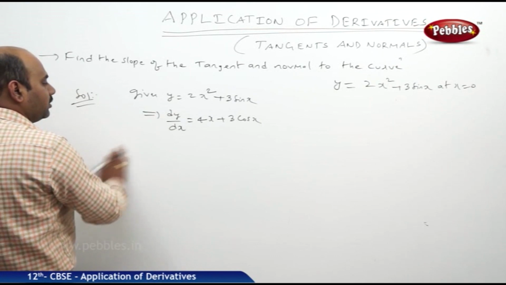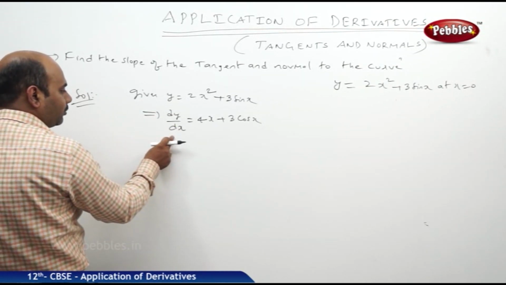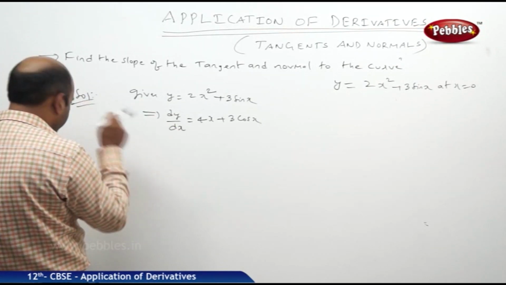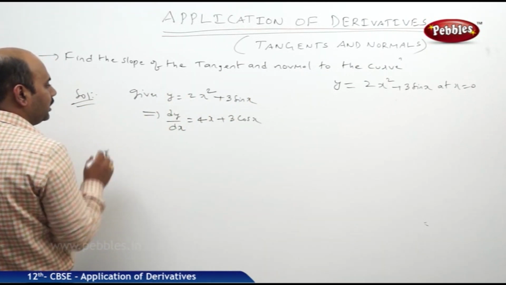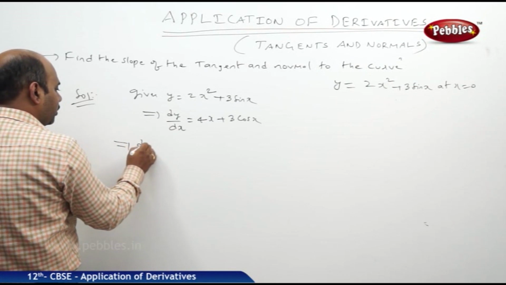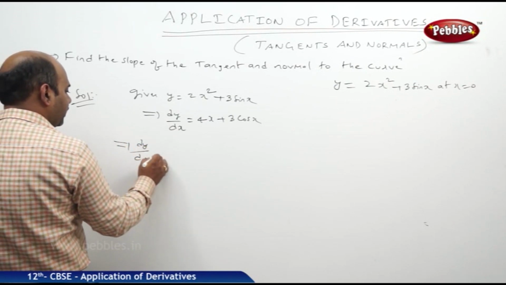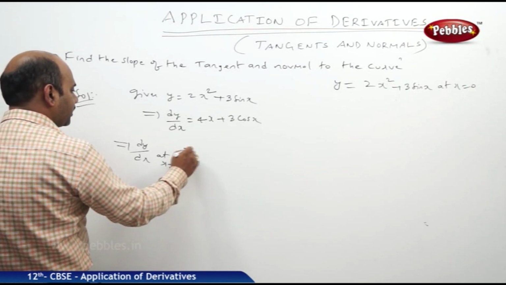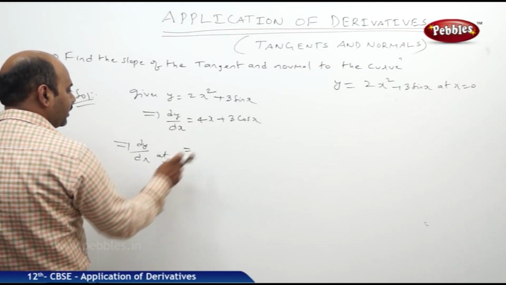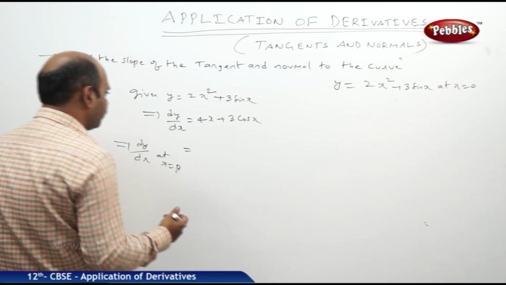Now this is a slope, dy by dx always represents slope, but we require the slope of the tangent at the particular point x is equal to 0. So I will find dy by dx at x is equal to 0. Wherever we have x, there we need to put 0.